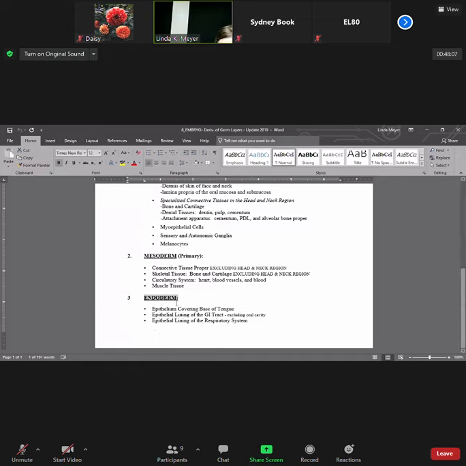But the only thing that's important for the oral region is just the epithelium covering the base of the tongue, that non-keratinized epithelium that I just showed today. That's derived from endoderm.